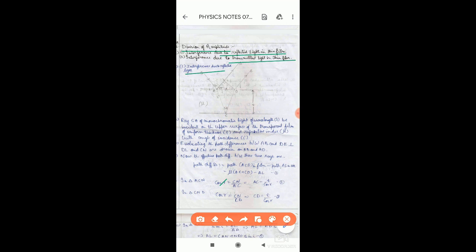Perpendiculars DL and CN are drawn on AB and AD.